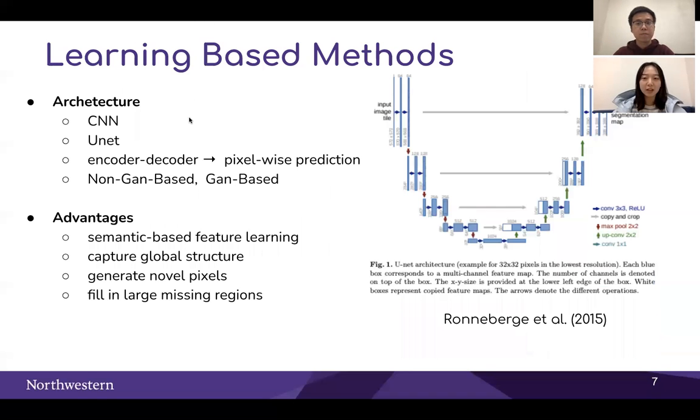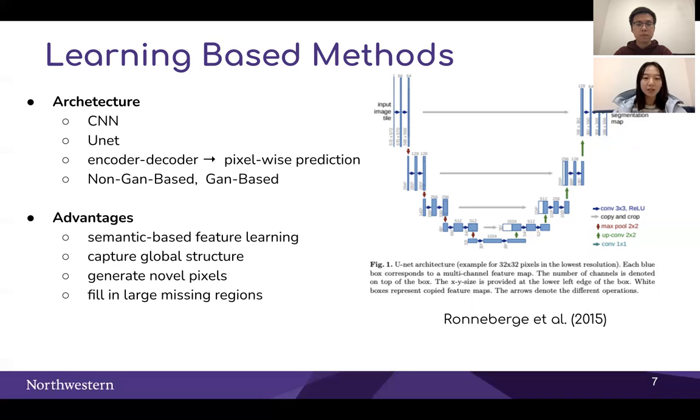Since 2015, many deep learning methods have been proposed. Most of these algorithms are based on convolutional neural networks, which are powerful in capturing image features. UNet is a widely used architecture in segmentation tasks, which is closely related to image inpainting. UNet is based on the encoder and decoder architecture to do pixel-wise prediction.